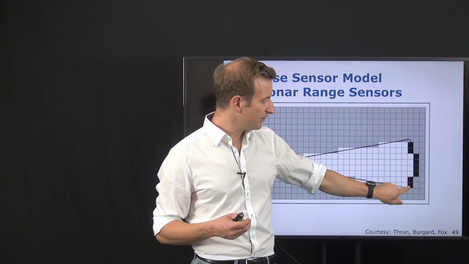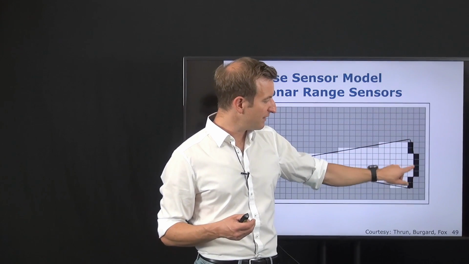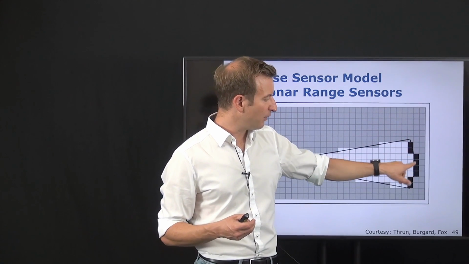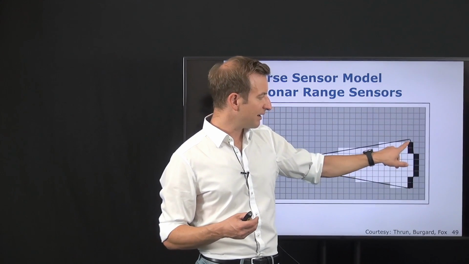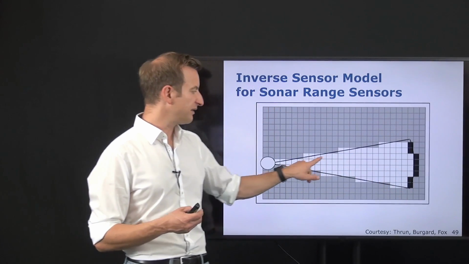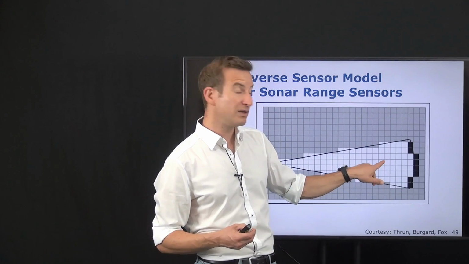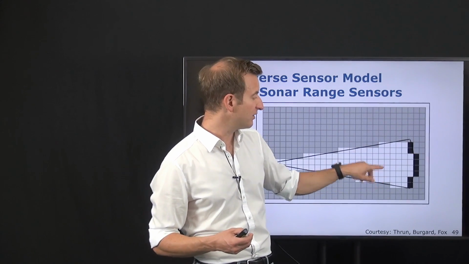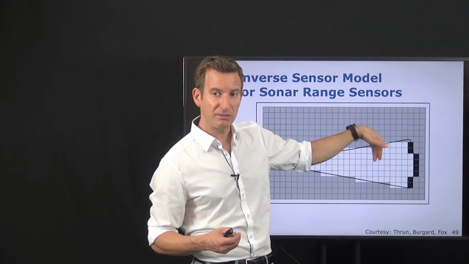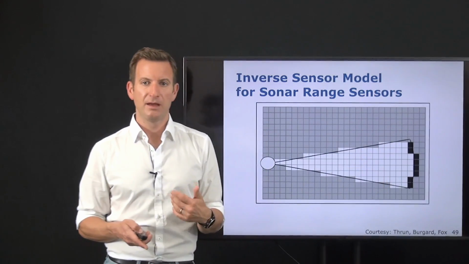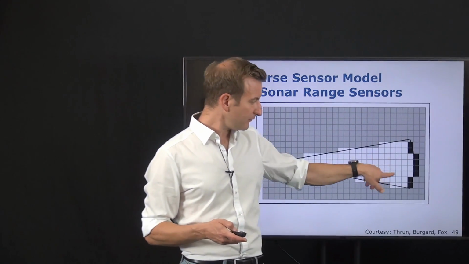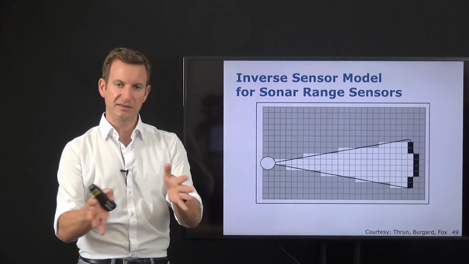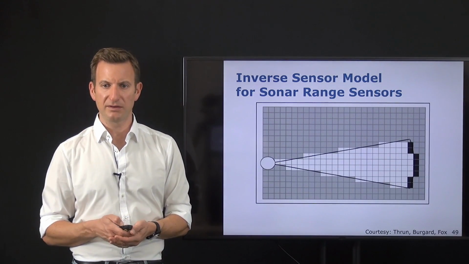And then I get a reflection or return of the signal at some point over here. So those cells are more likely to be occupied, and those cells are more likely to be freed. Because if there had been an obstacle somewhere in between, I should have had a return already beforehand. Okay? So this is the sensor cone, the whole cone that needs to be updated.